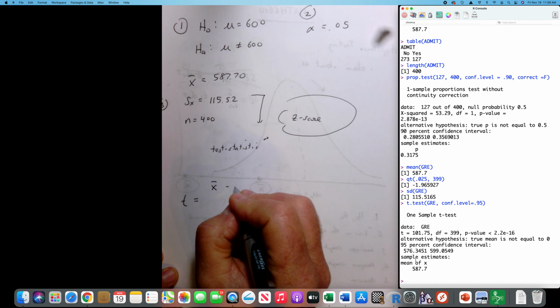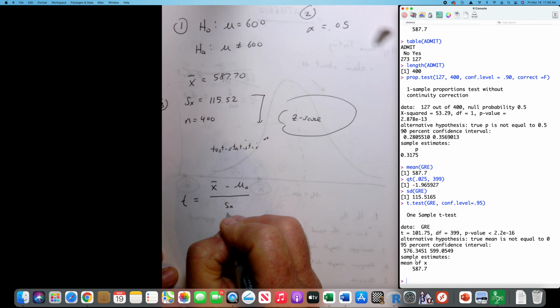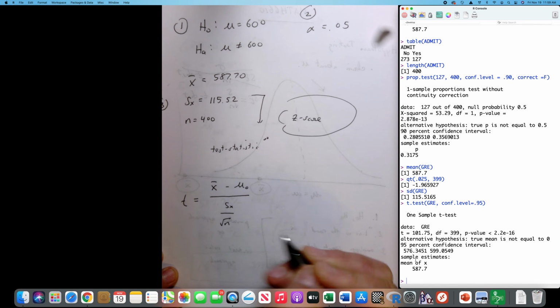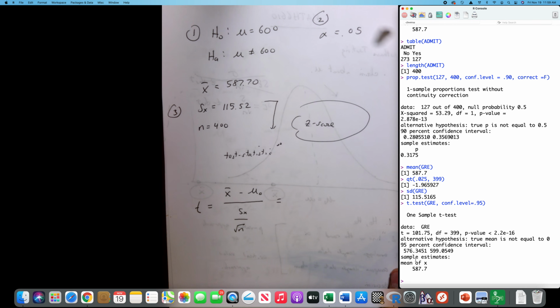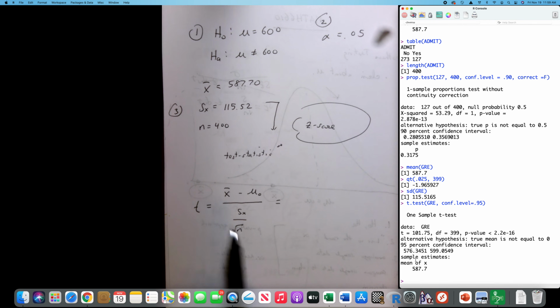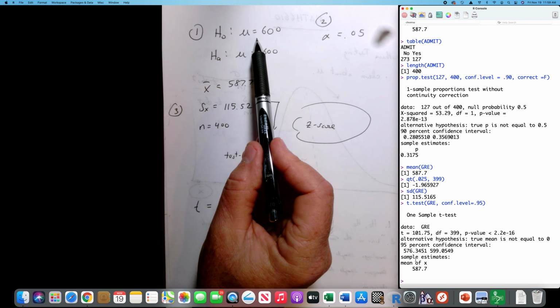What we want is to see how far in standard errors our mean is from our claim. The logic is if this mean is relatively close to our claim, we conclude that it's very likely the mean is 600.